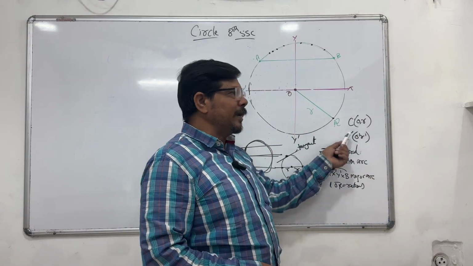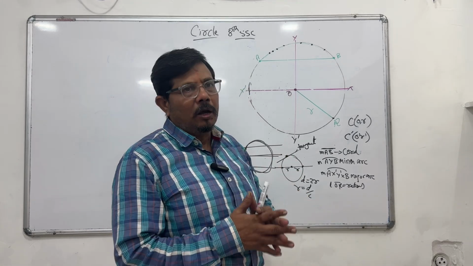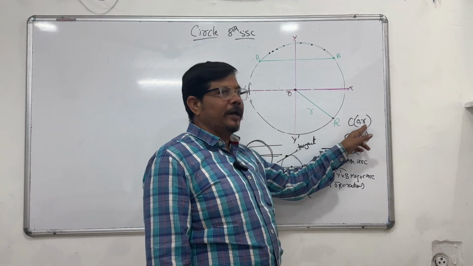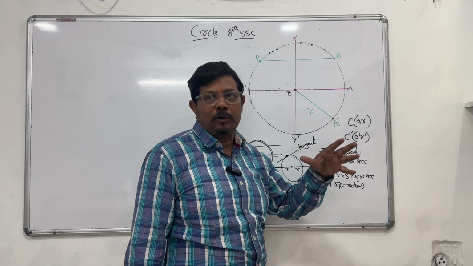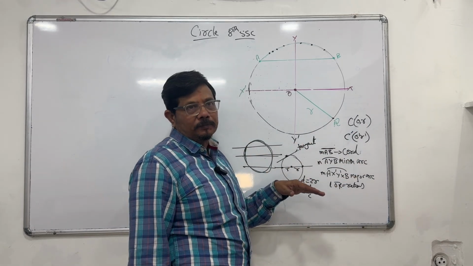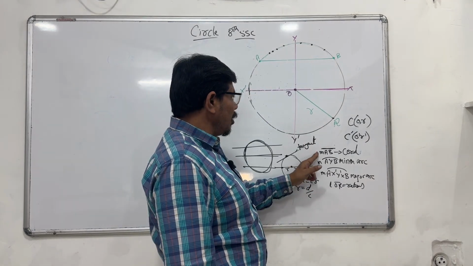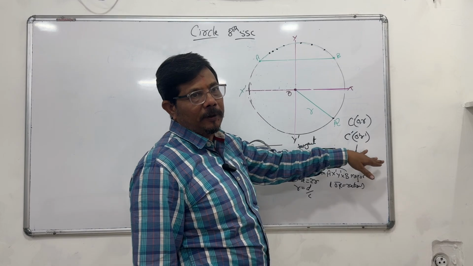If both are the same, no need to use. This is the pattern to write. And sometimes they write M for the measure. If this length is 5 centimeter, the measure of chord is 5 centimeter.